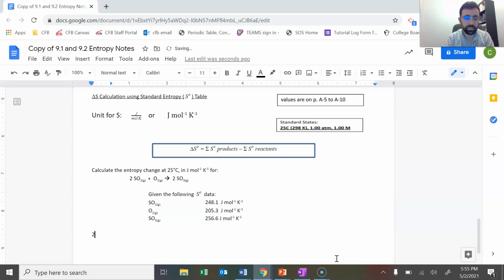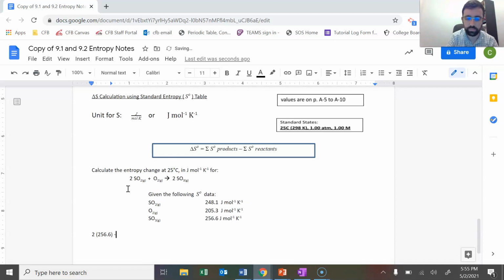So I'm going to start by putting 2 times whatever the value is for SO3 gas. Now that's all that was given here, but in a table you might see it for solid, liquid, and gas. Pay attention to the state of matter. So 2 times 256.6, that's all of my products.